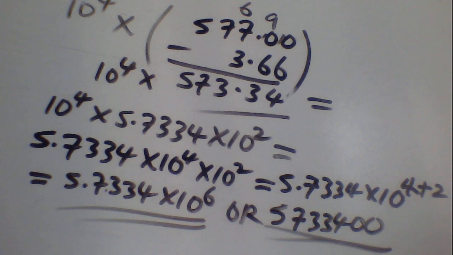So this is the way you can subtract one numerical expression from the other when the question is in standard form. After solving it, you can still leave your answer in standard form, or you can leave your answer in expanded form.